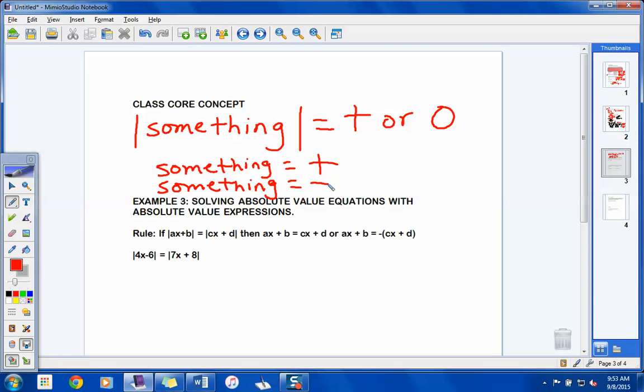You have something inside of here equal to a positive or 0, you're good to go. If it's ever equal to a negative, you're just done, right? So in order to solve these, we take that something and set it to the positive part, and we take that something and set it equal to the negative part.